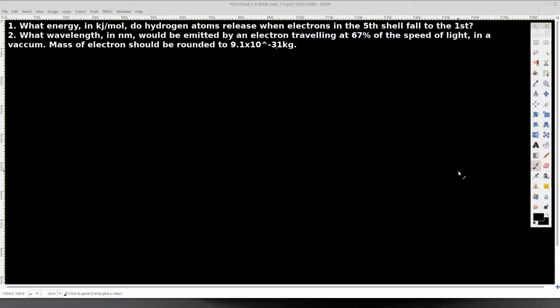So let's go ahead and look at this problem. This one, probably not as bad as the one that we did, but if you don't know the equation to use to solve this, it is hard. I'm just assuming that what they wanted the student to do is use the de Broglie equation. If you don't know that equation, I understand. I honestly didn't remember it either.